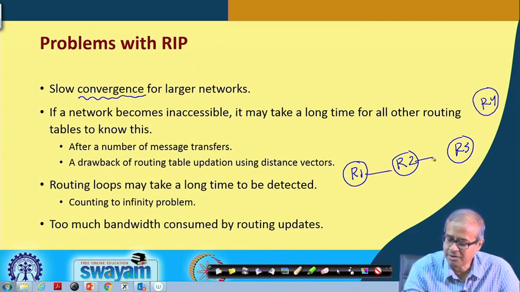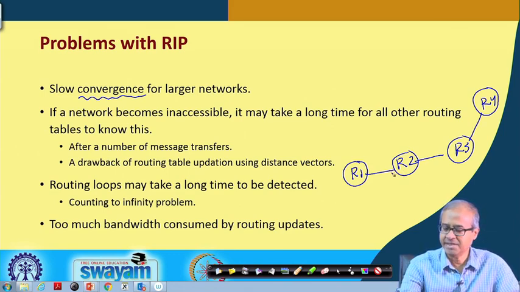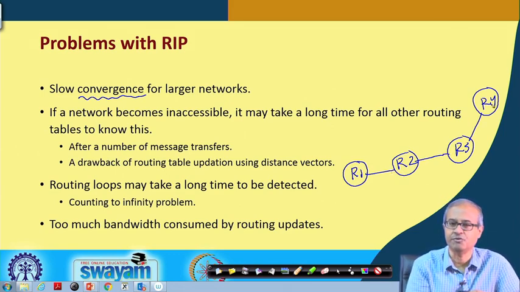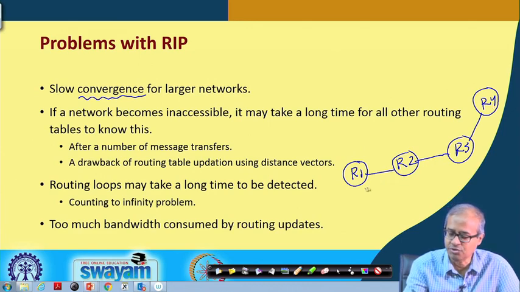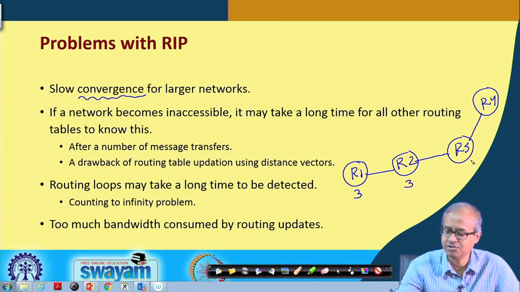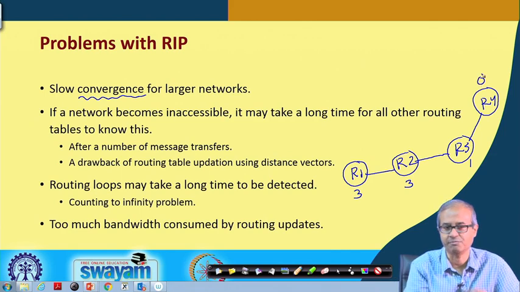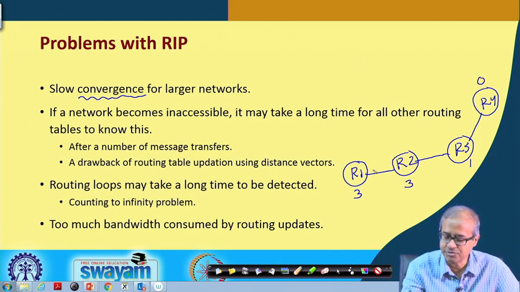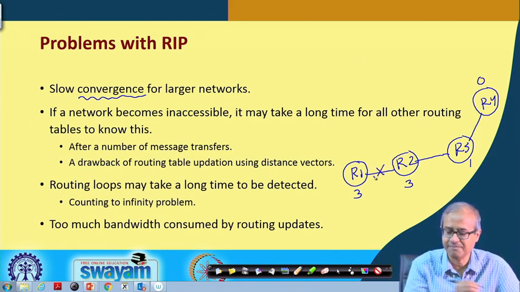R1, R2, this is the connection. Now, let us say I am thinking about the distance to R4. Well, R1 knows that R4 is 3 hops away, R2 knows R4 is 3 hops away, R3 knows R4 is 1 hop away, and R4 is R4, it is 0 hops. Now, suppose this link has failed.